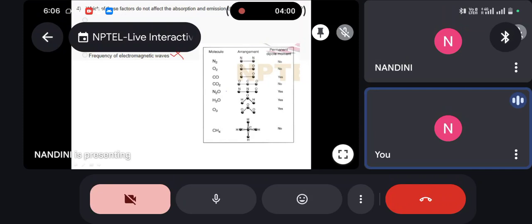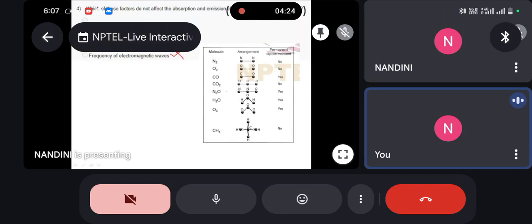Then we have the amount of N2 in the atmosphere and the amount of N2O in the atmosphere. We know that N2 is the most abundant gas in the atmosphere, which occupies almost 78% of the total atmospheric composition. Then we have N2O, which is also seen in the atmosphere in very trace amounts. So what is the difference between these two?